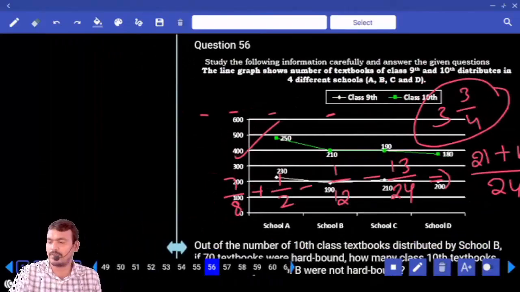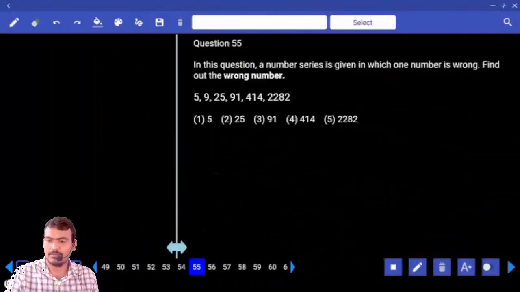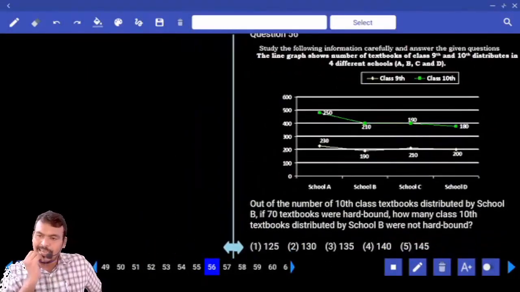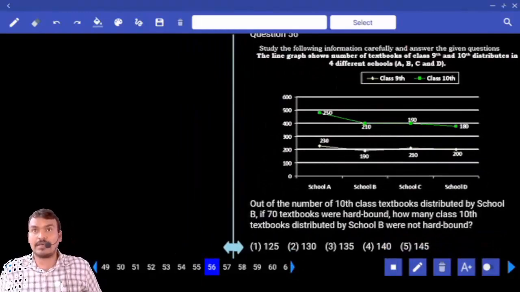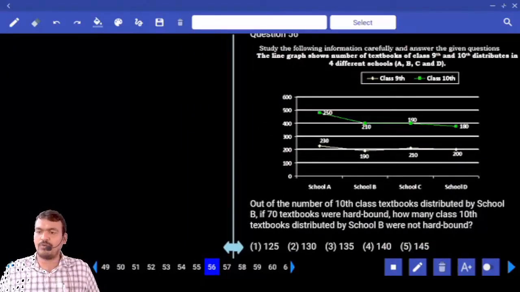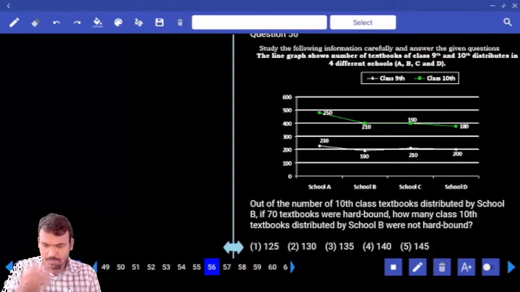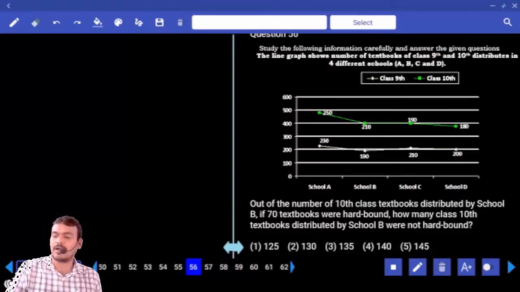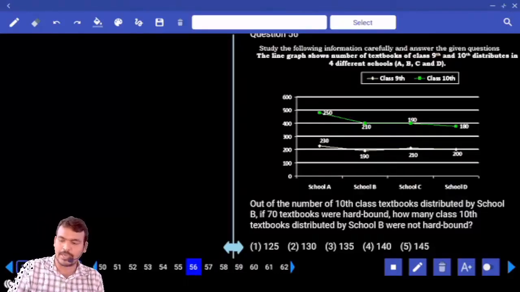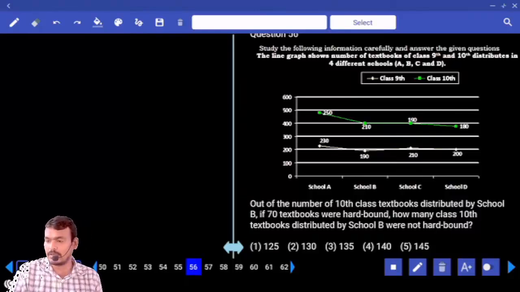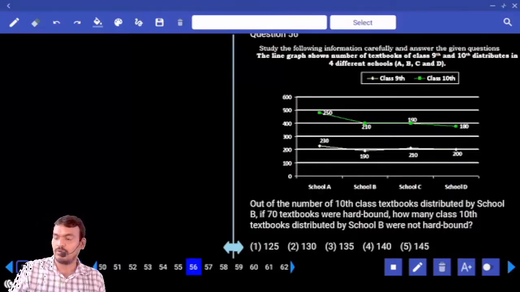Next question number 56. The line graph shows the number of textbooks of class 9th and class 10th distributed in 4 different schools A, B, C, D. Out of the number of 10th class textbooks distributed by school B, if 70 textbooks were hard-bound, how many class 10th textbooks distributed by school B were not hard-bound?